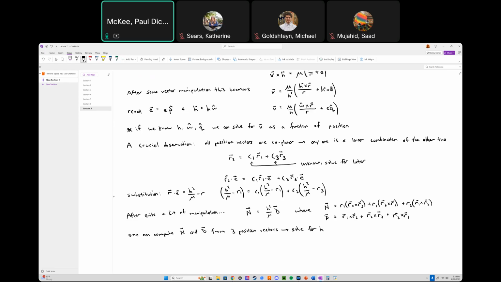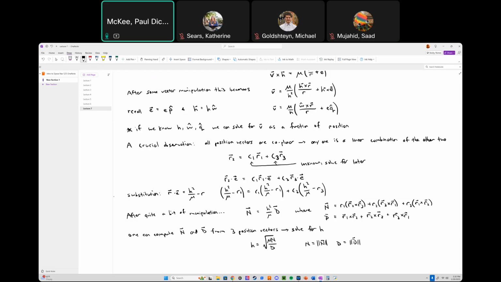Okay. So in this case, we would say h is equal to the square root of mu N over D, where N without the vector bar is just the normalized vector N, and then D without the vector bar is the normalized vector D. Okay, so remember, we're going to look up here. If we know h, w, and q, then we're done. We've just demonstrated that we can figure out h.